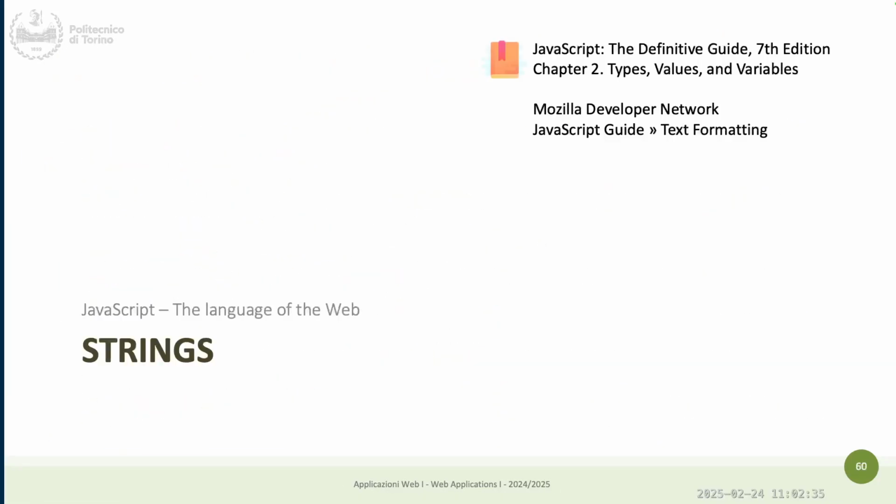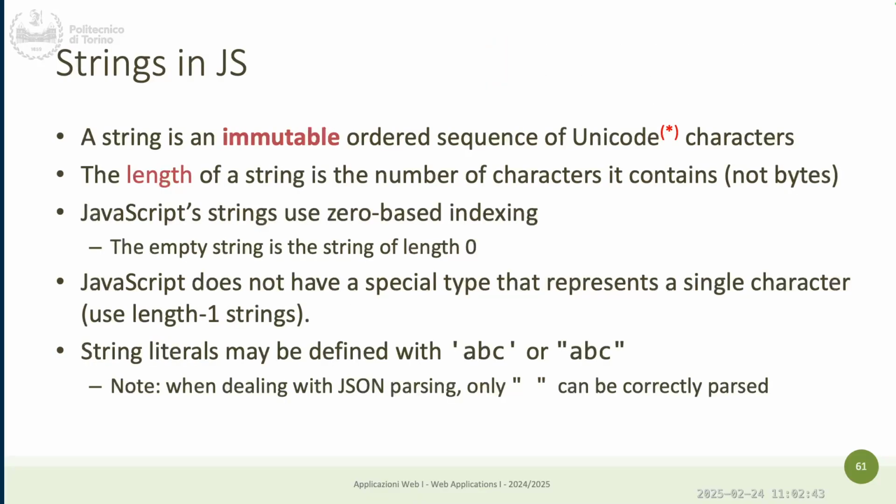And about the data values, let's start from the simplest ones, apart from numbers, which are strings. What can I do with a string in JavaScript? A string is an immutable, ordered sequence of Unicode characters.